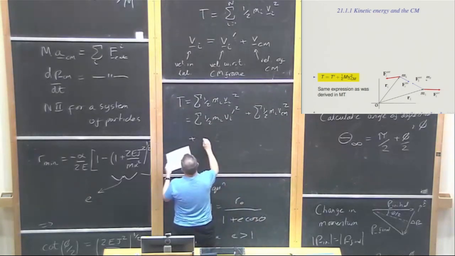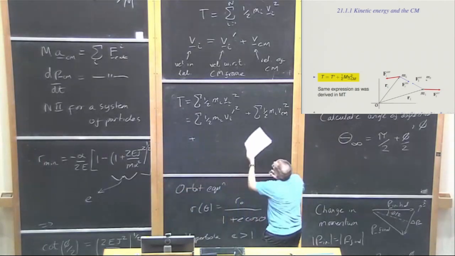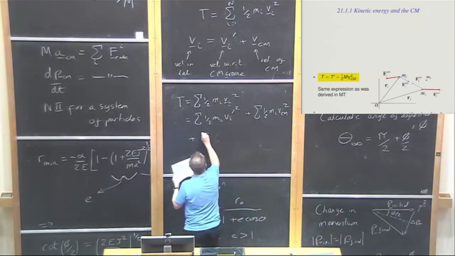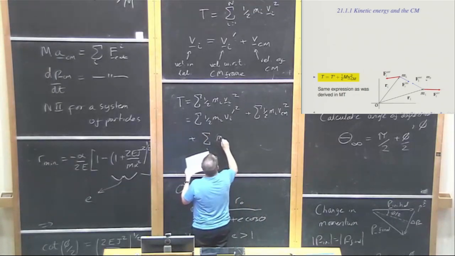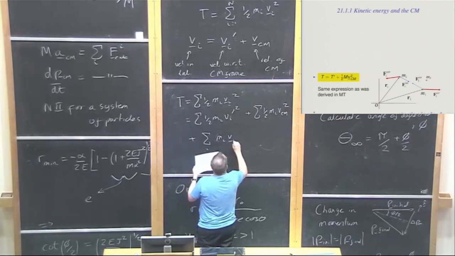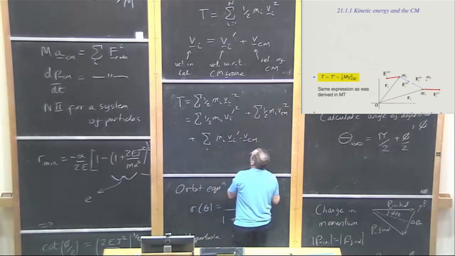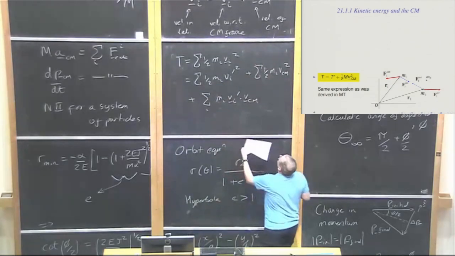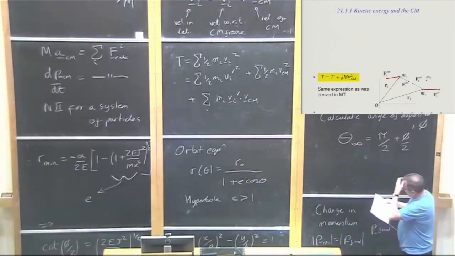So plus 2 times, so the 2 will just mean that the half will vanish, but the sum over m_i v_i prime dot v_CM. Okay? So that last term is the cross product from doing that square.